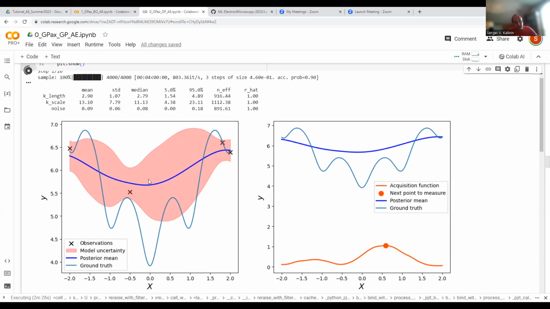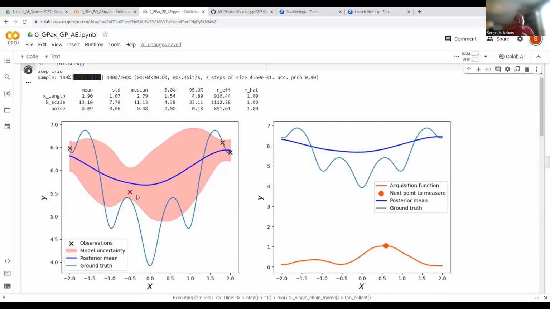It draws this blue line, which is the algorithm's estimate of how the function should look. And it also gives us this red area, which illustrates the uncertainty. This capability to reconstruct the function and its uncertainty is what makes the Gaussian process an extremely unique method for making the automated experiment.